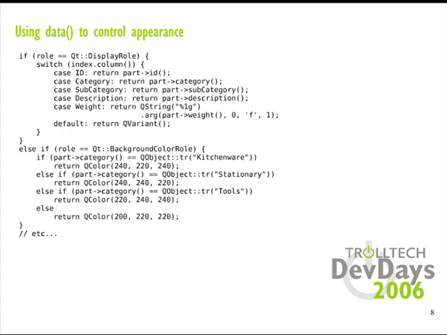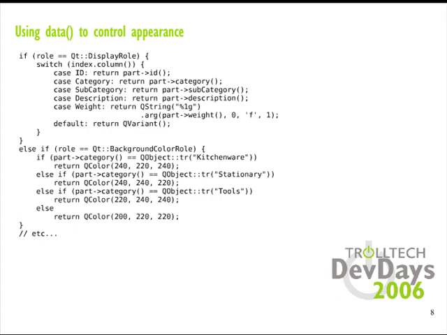Now, here's an extract from the code. If you've done any model view programming before, you will have implemented a data method. Normally, the data method is asked to return data for an item with a particular model index and a particular role. And normally, if you just ask for data to display, the role is the display role, which is the first if statement up there.